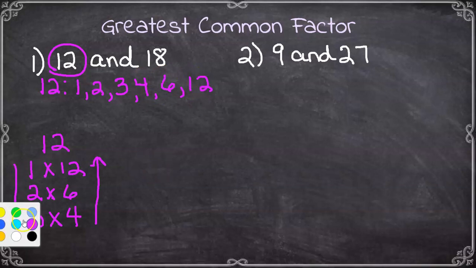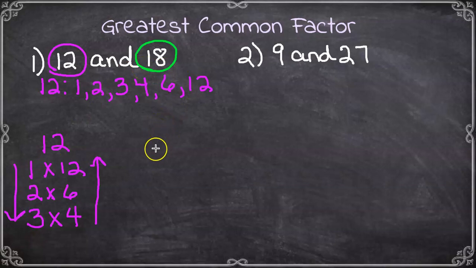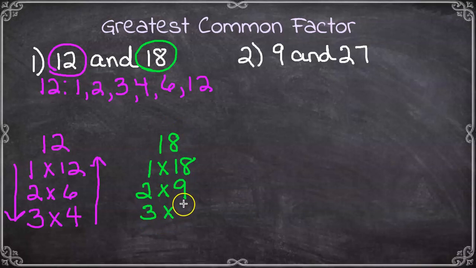Now I'm going to take the 18 and do the same thing. So 18, I will start with 1 times 18. I always start with 1 times the number. It's an even number, so I know 2 divides into it. 2 times 9. 3 will also divide into it because 1 plus 8 is 9, and 3 will divide into 9. So 3 will divide into it, and it goes 6 times.